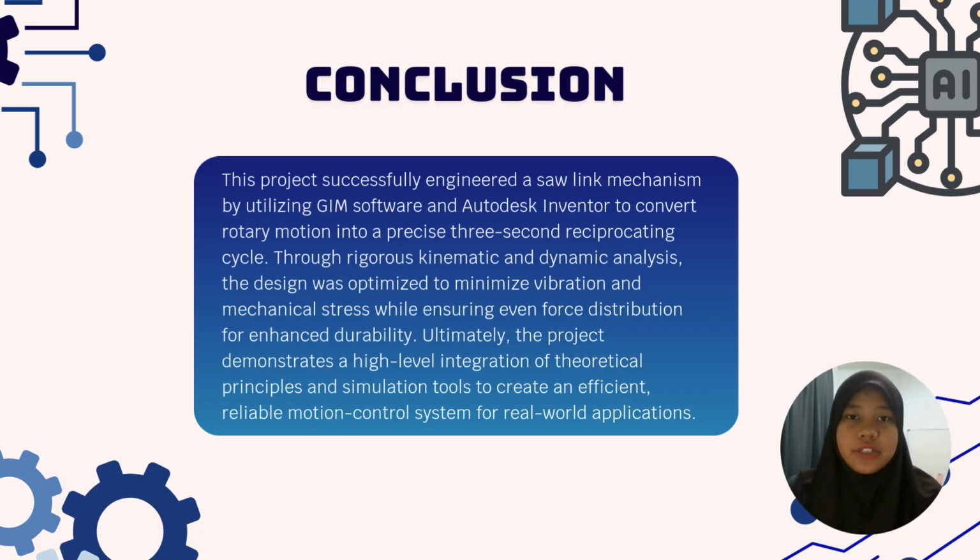So the conclusion is this project successfully engineered a saw link mechanism by utilizing GIMP software and Autodesk Inventor to convert rotary motion into a precise 3-second reciprocating cycle. Through rigorous kinematic and dynamic analysis, the design was optimized to minimize vibrations and mechanical stress while ensuring even force distribution for enhanced durability.